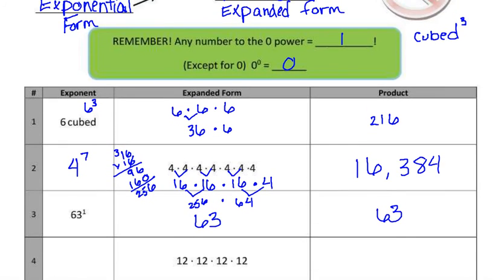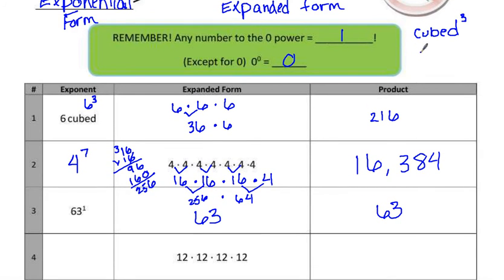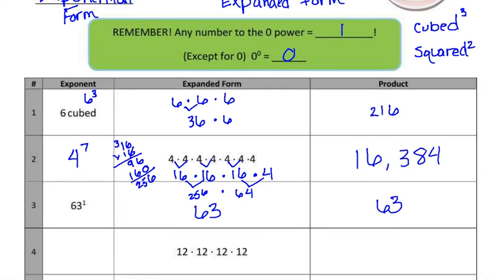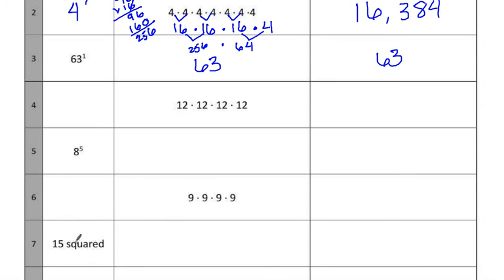So squared is to the second power, because if you draw a square, it's flat, and that's called 2D. So we're going to have 15 squared for that one when you solve it. So go ahead, do 4 through 8, and then you can unpause the video and check your work.